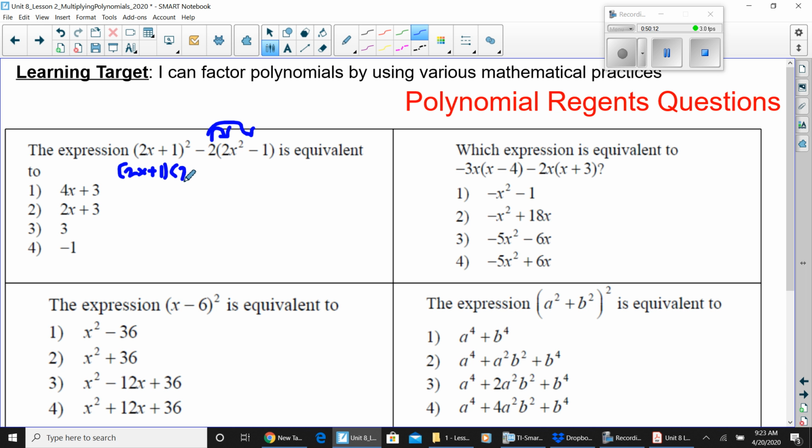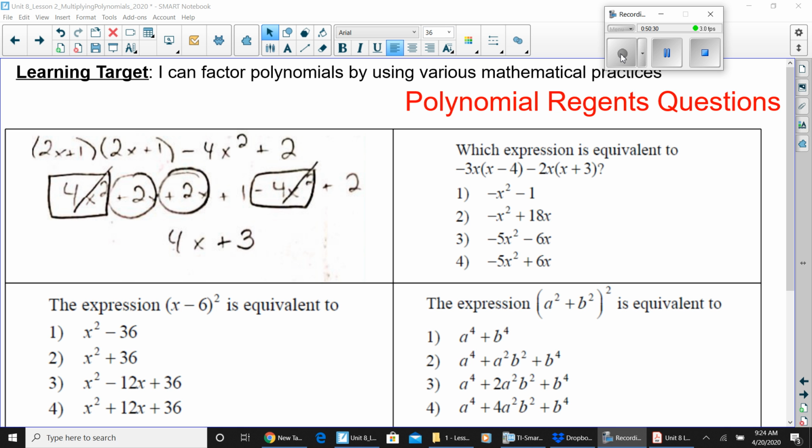These are the types of problems that you should expect to see. This 2x plus 1 times 2x plus 1, and then get the answer to that. Distribute that first, press pause now, and we'll come back with the answer for this one. Okay, so like I said, you have the 2x plus 1 times the 2x plus 1, and you have minus 4x squared plus 2x.